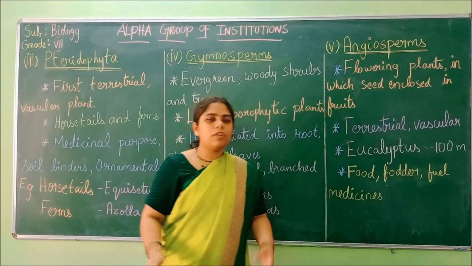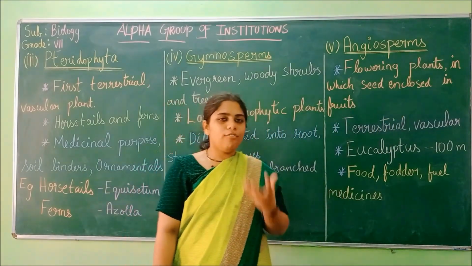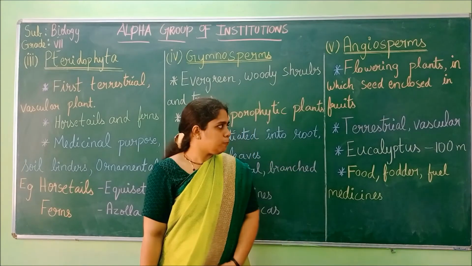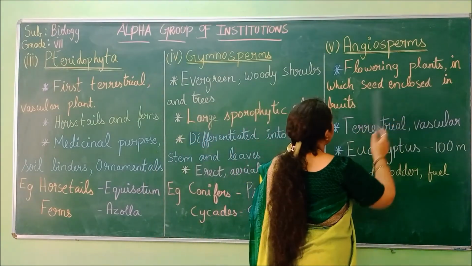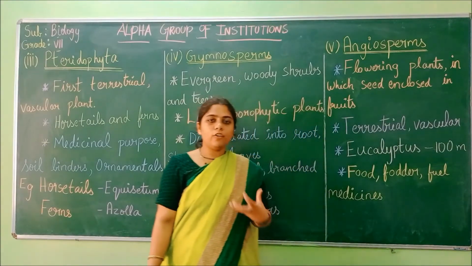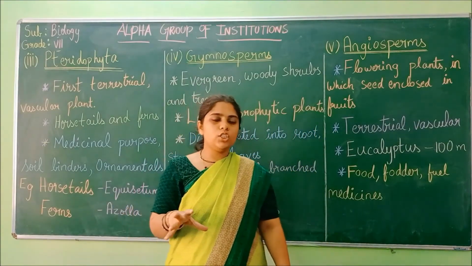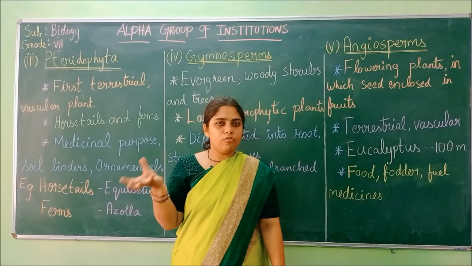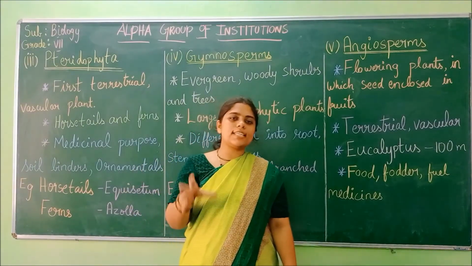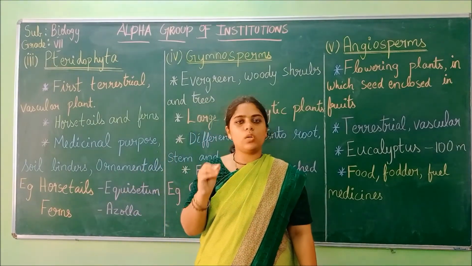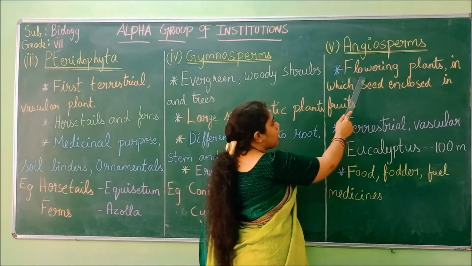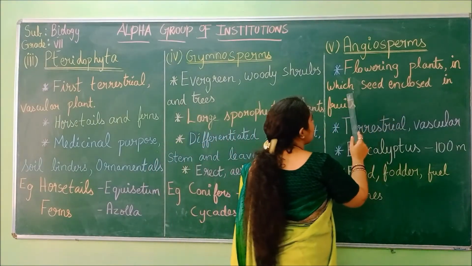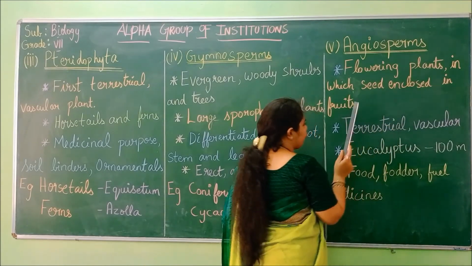They have flowers, and the seed is enclosed in fruits. Angiosperms bear flowers, fruits, and inside those fruits, seeds are present. That's what is said here: flowering plants in which seed is enclosed in fruits.